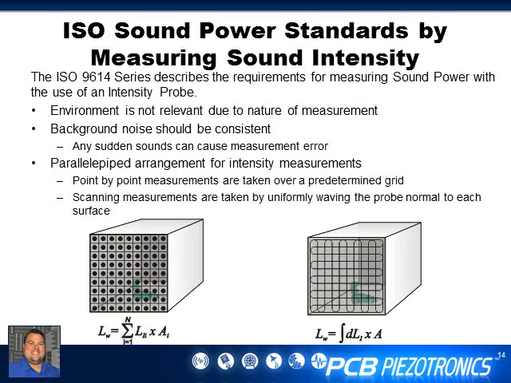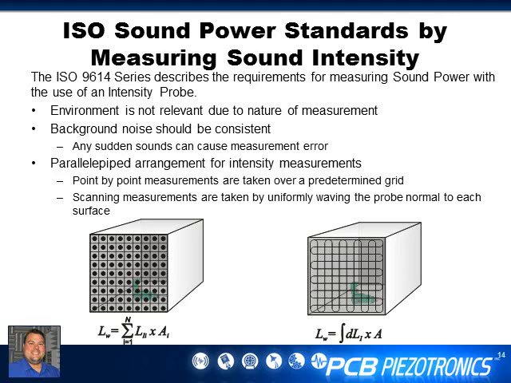And again, the measurements are performed with the intensity probe either point by point in a parallel pipe arrangement, or you can do a scanning measurement and average the whole thing over one big long measurement.